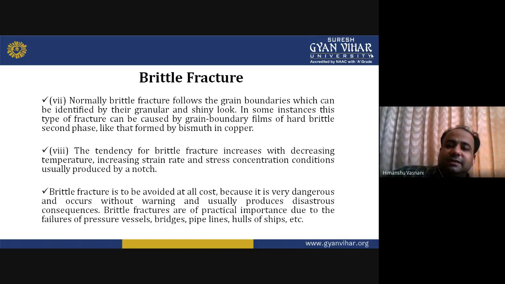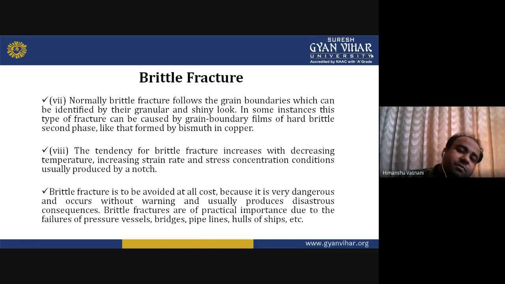In some instances, this type of fracture can be caused by a grain boundary film of a hard brittle second phase, like that formed by bismuth in copper, as I told you earlier.